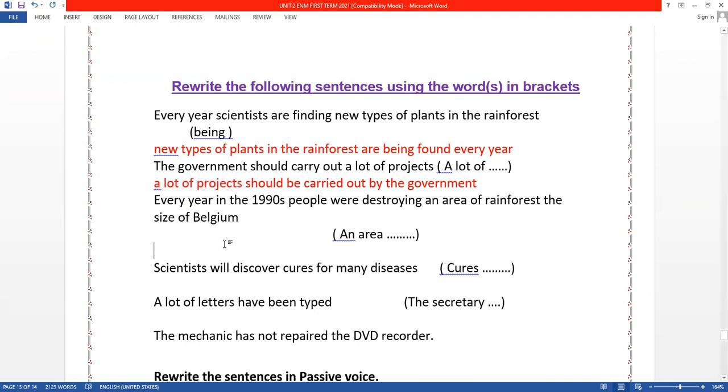Next, every year in the 1990s, people were destroying an area of rainforest the size of Belgium. This is the object.